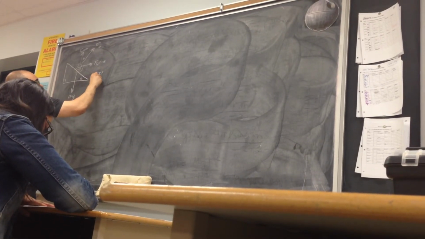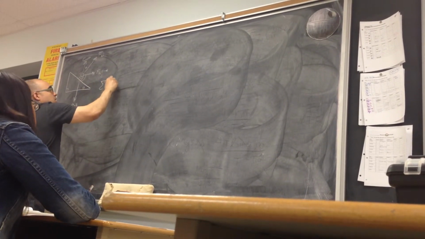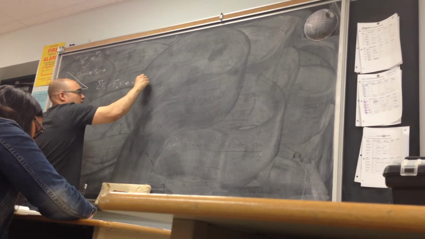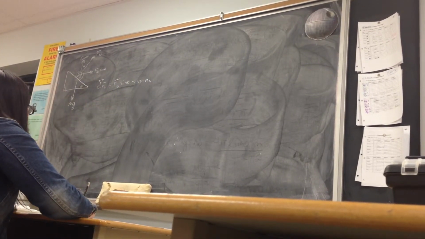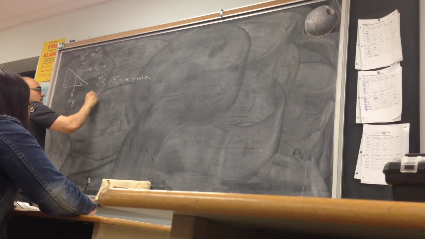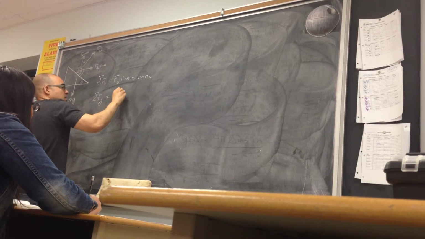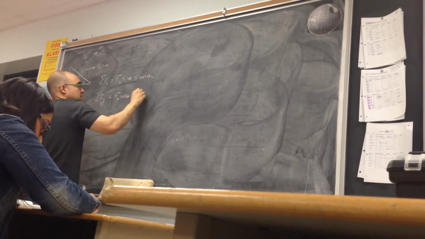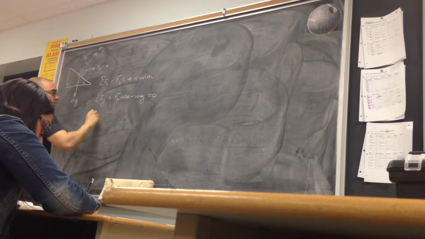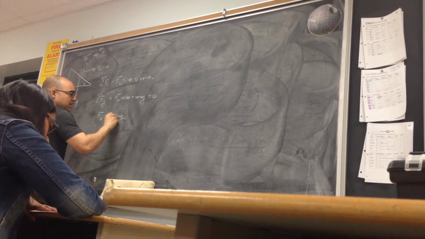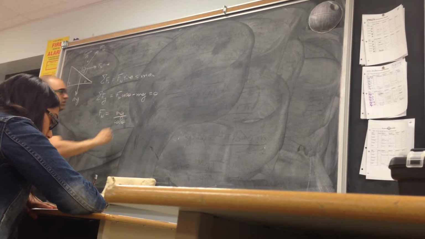So the sum of the forces in x equals the sine component of the normal force, and this will give rise to our centripetal acceleration. And then in y, we've got Fn cos theta minus mg equals 0, which leads to the relationship Fn is mg over cos theta.